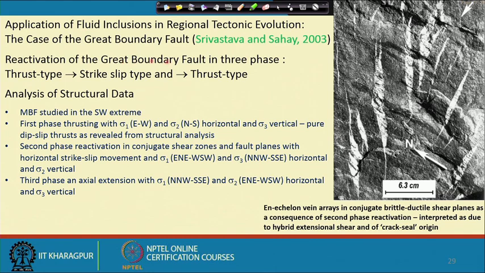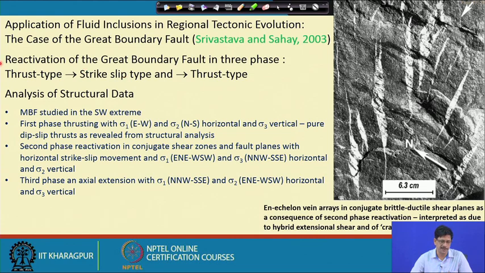And so, the evolution of this Great Boundary Fault is generally understood to have taken place in this way. This boundary fault has been reactivated more than once. The initial type was a thrust type, followed by a strike slip type, and again followed by a thrust type. So, again it is a situation where the principal stress axis is horizontal.